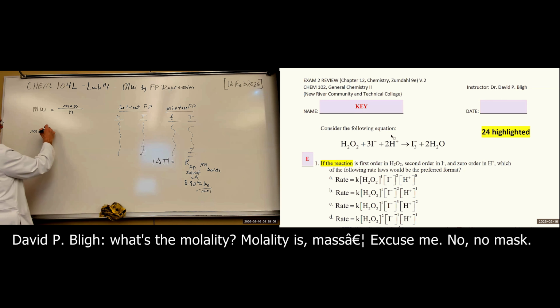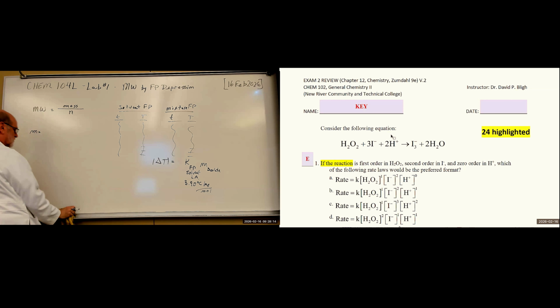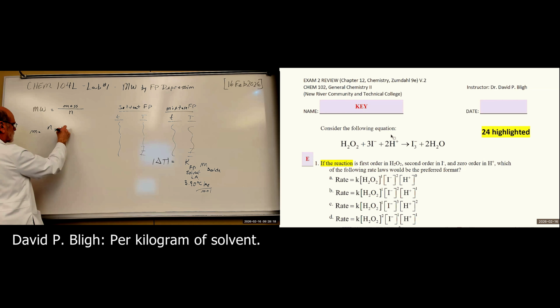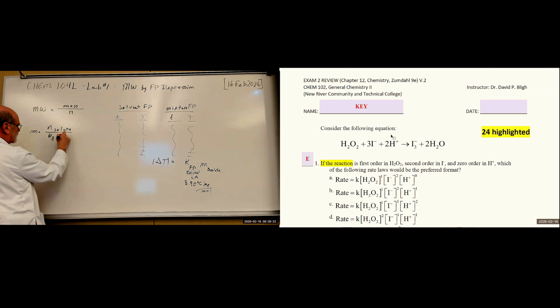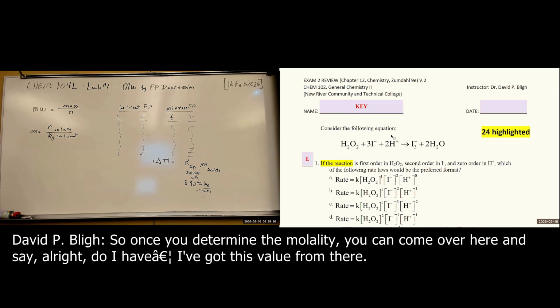Once you know the molality, what's the molality? Molality is mass. Excuse me, no, not mass. It's moles of solute per kilogram of solvent. That's molality. So once you determine the molality, you can come over here.